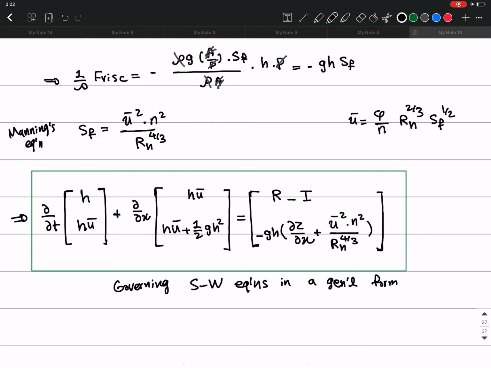So it's better to solve this numerically with the help of computers, so you can just write a code to solve these together. And your unknowns are h and u bar.